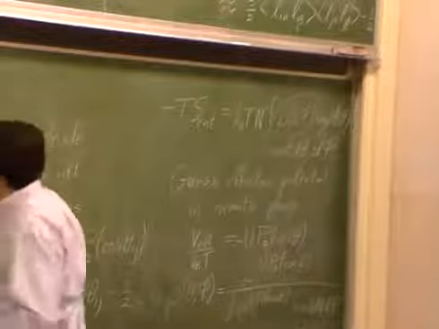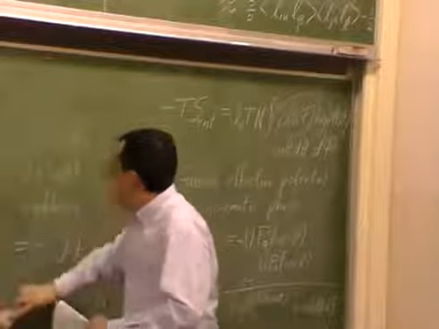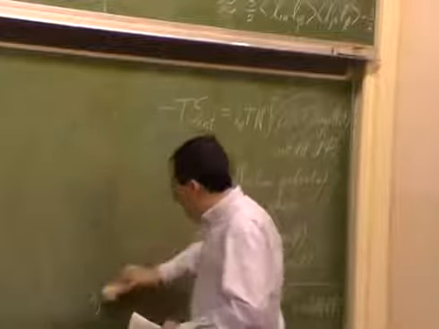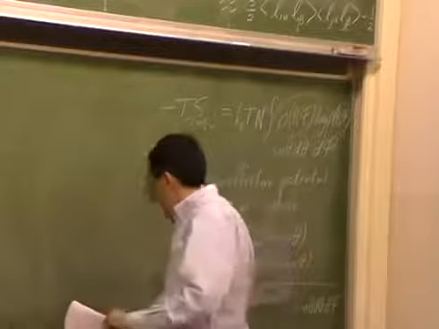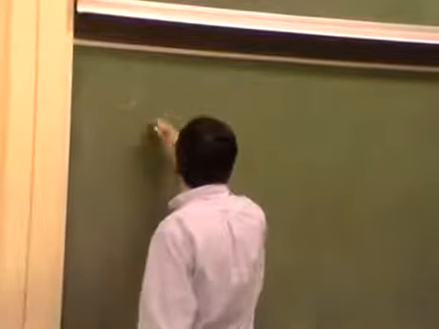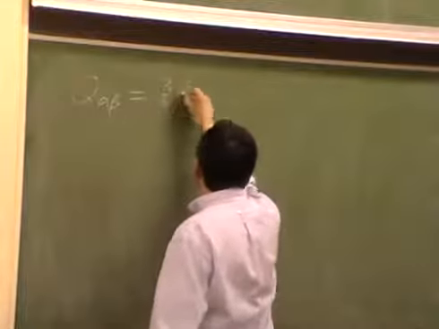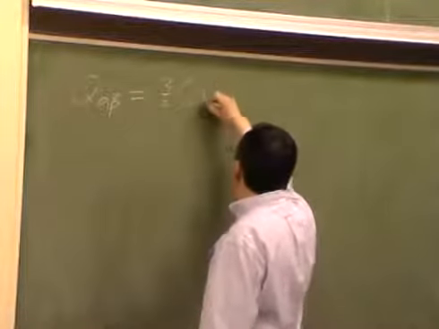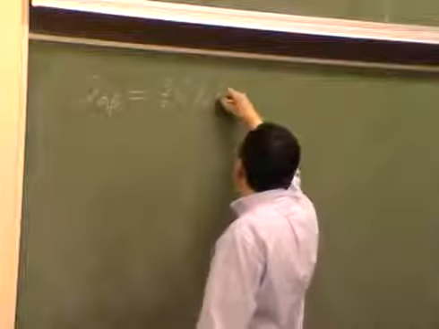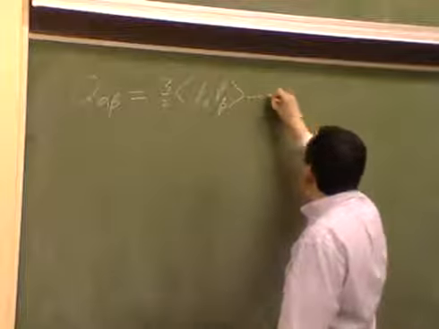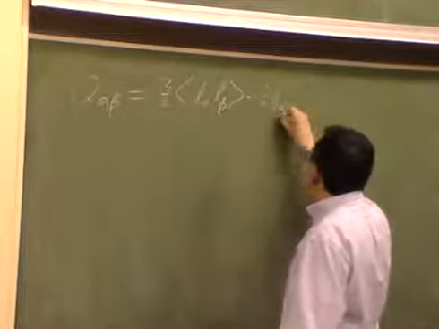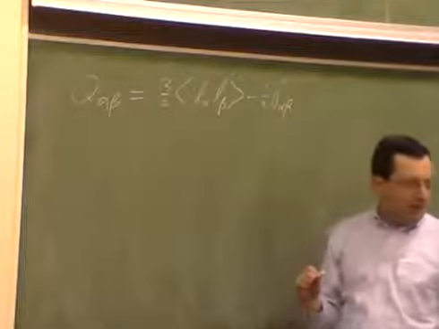The nematic order tensor is pretty much that same thing. So the nematic order tensor, Q alpha beta, is 3/2 L alpha L beta minus 1/2 delta alpha beta.